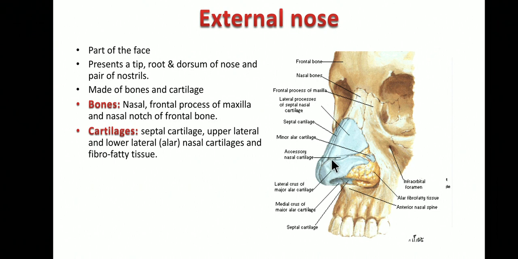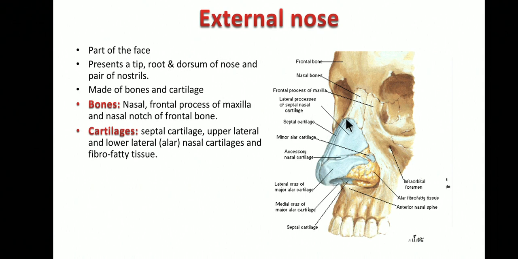Ala means wing-like expansions on either side. Apart from the cartilages and the bones, you also have fibrofatty tissue. The lower lateral nasal cartilage also has a process extending to the septum called the septal process of the lower lateral nasal cartilage.